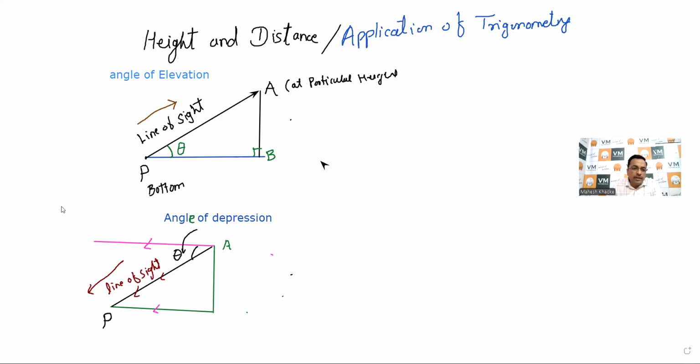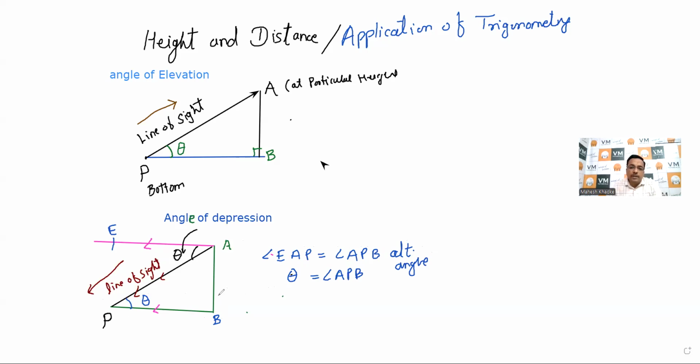Then we know that with two parallel lines and one transversal, suppose here E, here B, alternate angles are formed. Angle EAP is equal to angle APB. These are alternate angles. So this angle is theta, therefore angle APB is also theta.